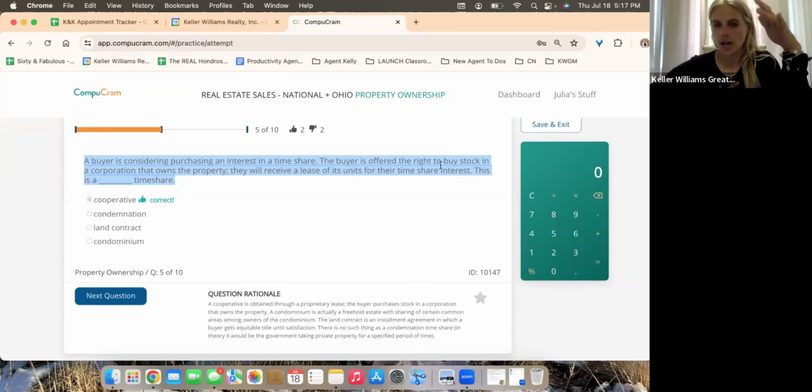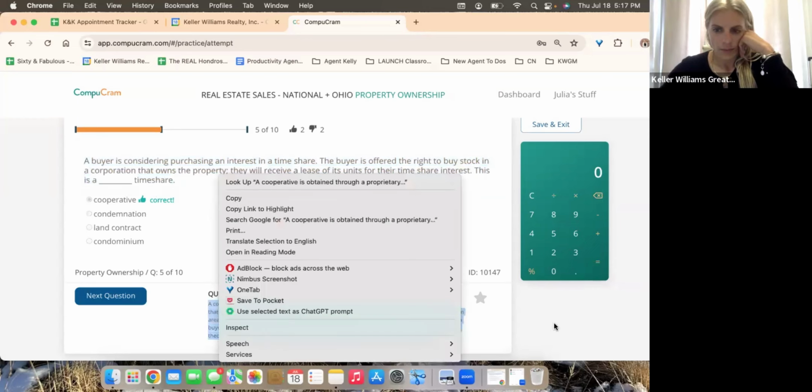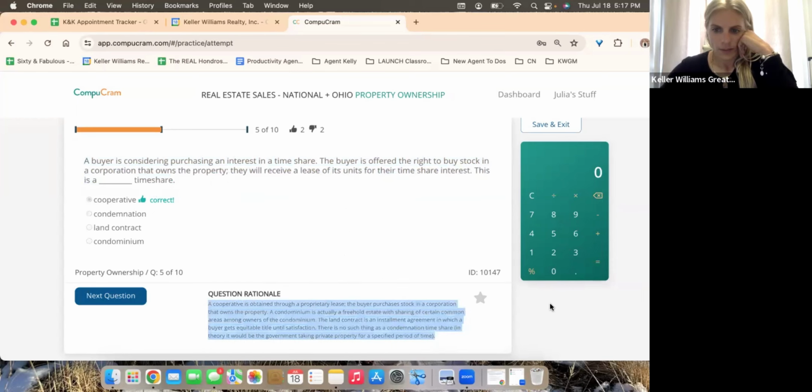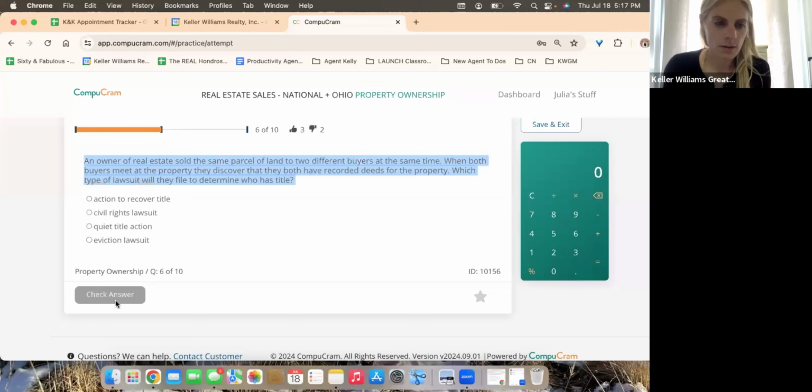Anytime I saw stock in a corporation that owns a property, I think of cooperative. And then anything that has a common area is probably condominium. And then the other two are not related to ownership.